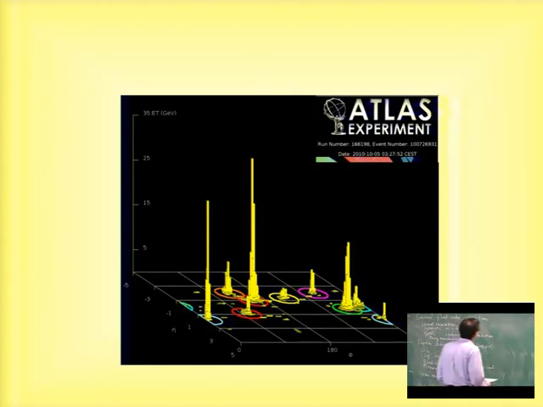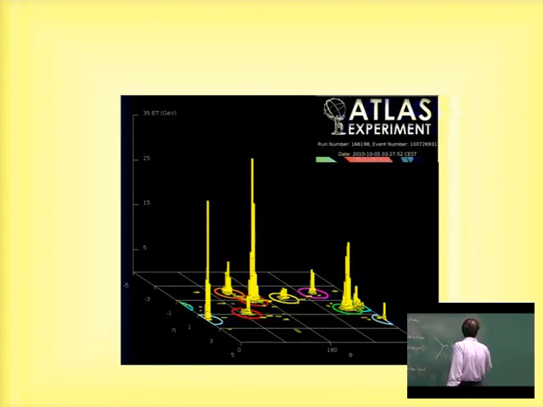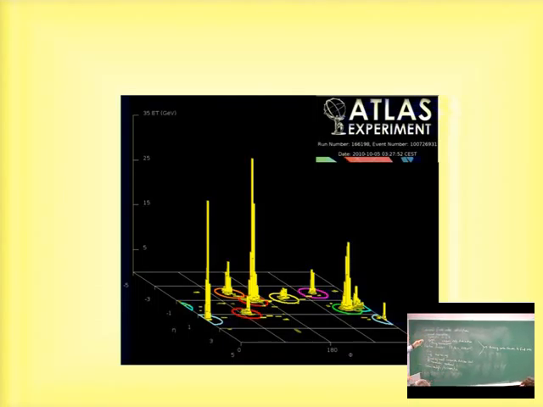And one of the interesting subjects of theoretical activity in recent years has been combining these two approaches, what's called matching parton showers to fixed order. And what that lets you do is combine many of the virtues of these two approaches. You can make the parton showers systematic, at least to some multiplicity.